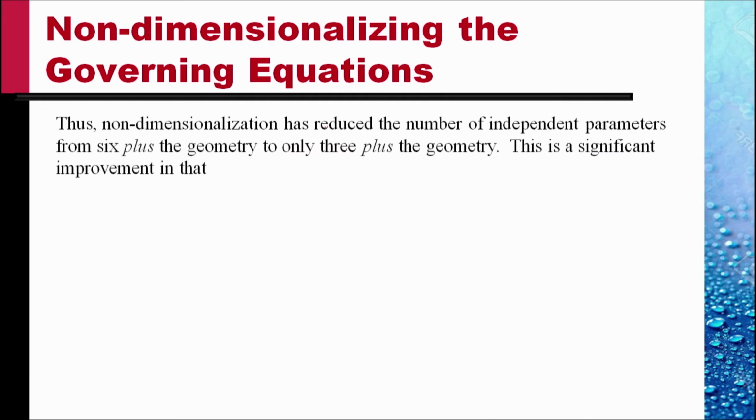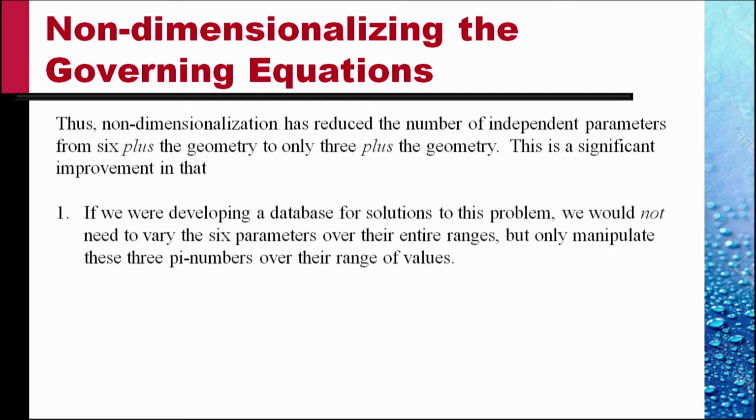Thus, non-dimensionalization has reduced the number of independent parameters from 6 plus the geometry to only 3 plus the geometry. This is a significant improvement in that if we were developing a database of solutions to this problem, we would not need to vary the 6 parameters over the entire ranges, but only manipulate these 3 pi numbers over their range of values.